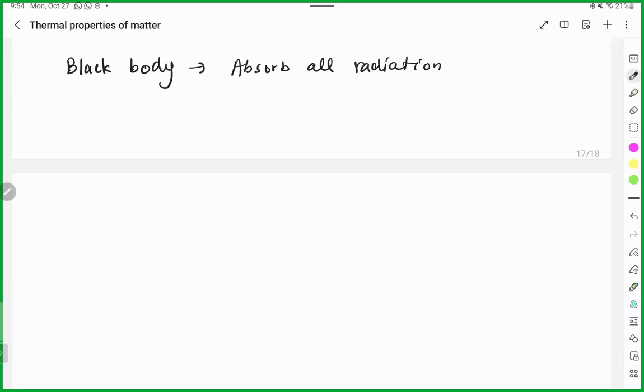So, Anvita, what is emissivity? Emissivity is the emissive power of the body divided by the emissive power of the perfect black body.